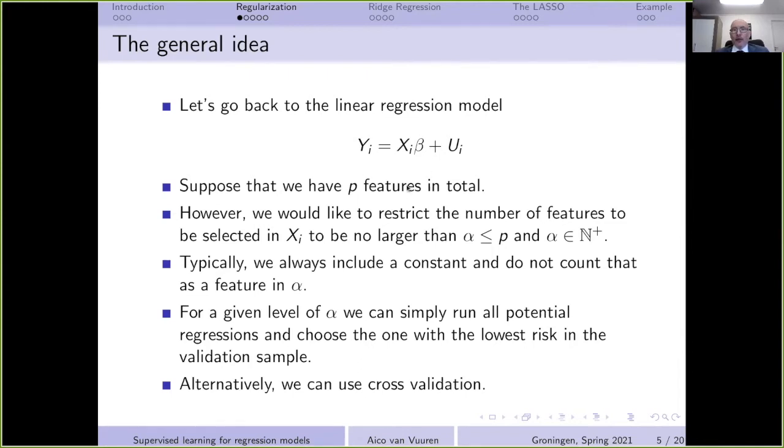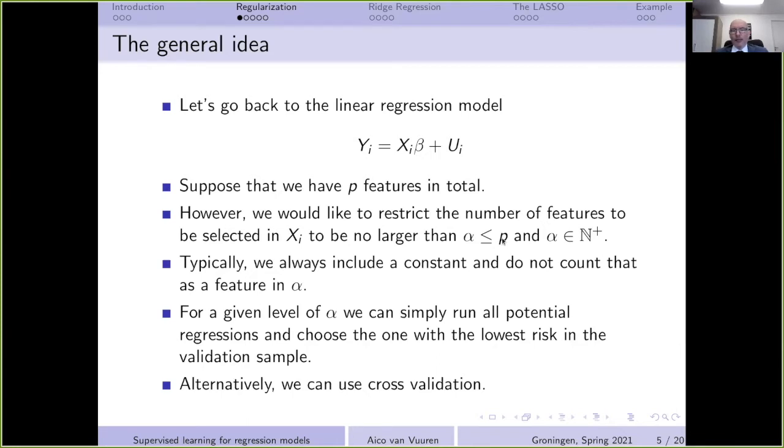Then what we can do is that for a given value of alpha being equal to 1, 2, 3, 4, 5, or up till p, we can simply run all the potential regressions, which is of course less than all the potential regressions that we have with respect to p.